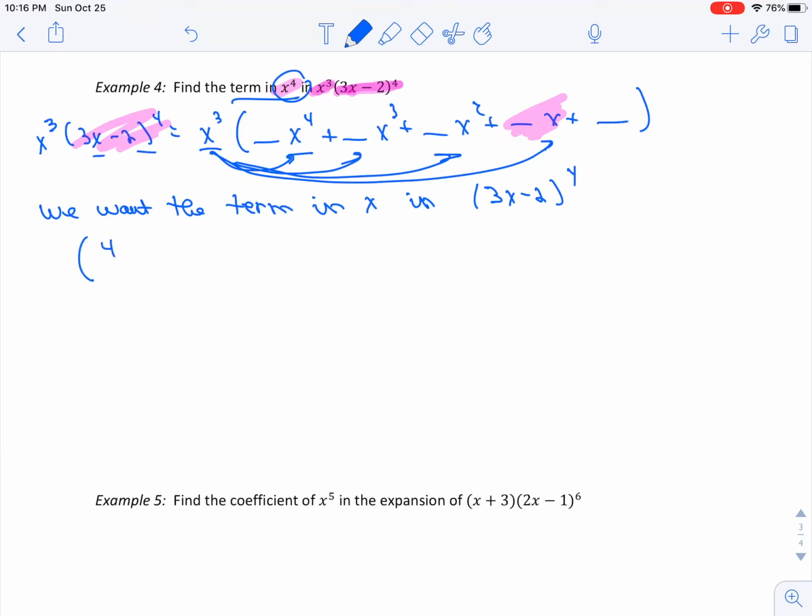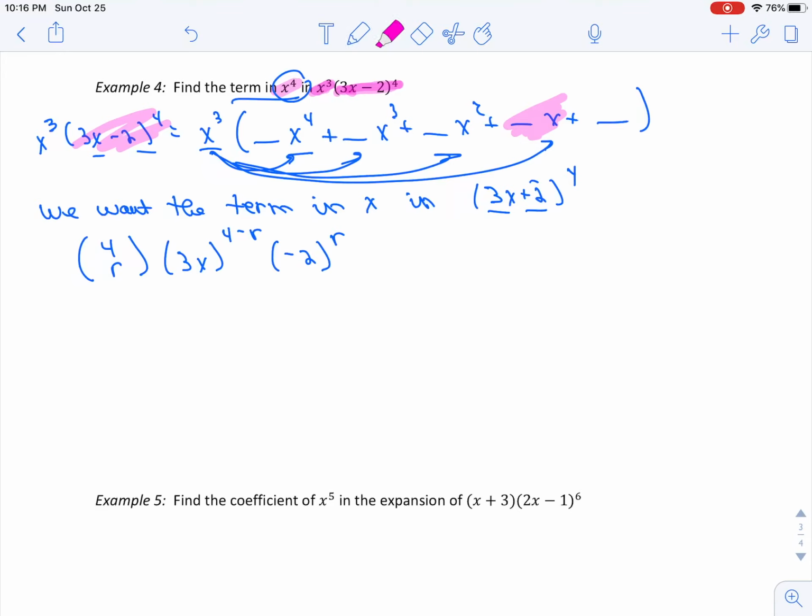The general term will be 4 choose r times, our first term is 3x, so 3x to the 4 minus r power, and you can go back and double check my formula based on the binomial theorem, and then, thinking of this as plus a negative, negative 2 to the r power.